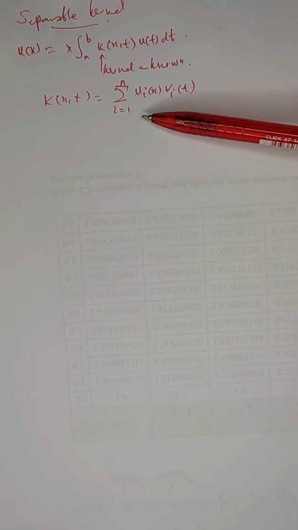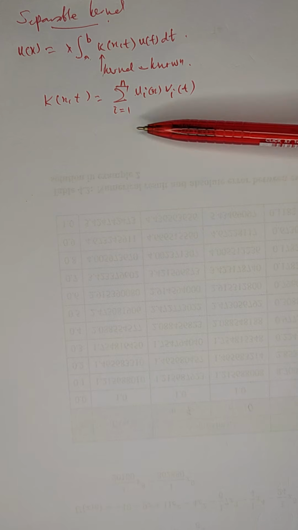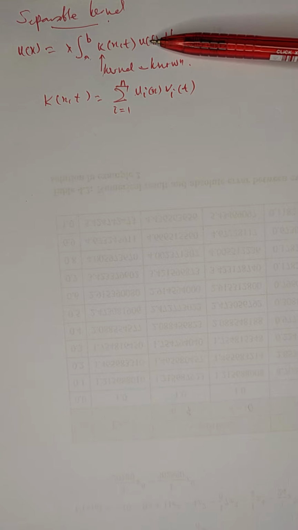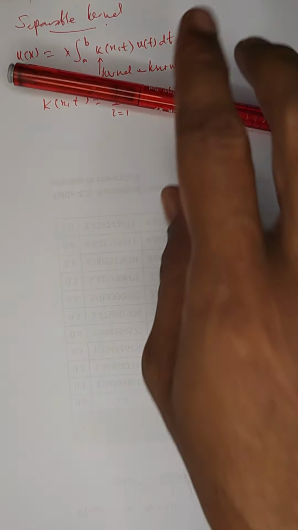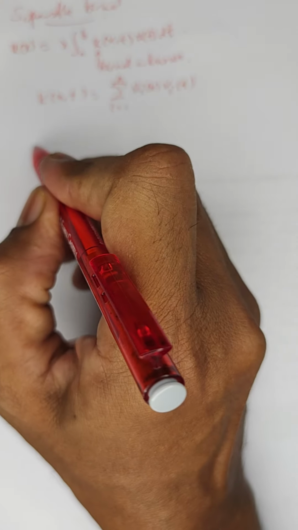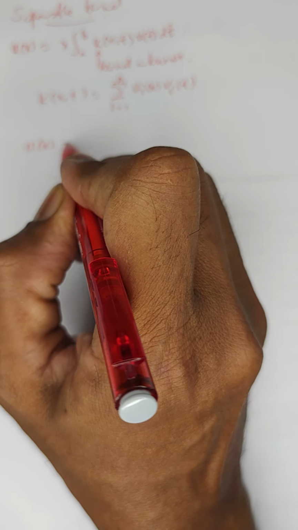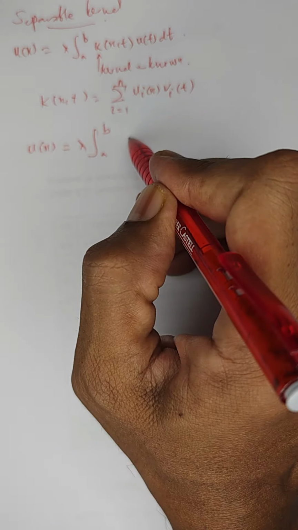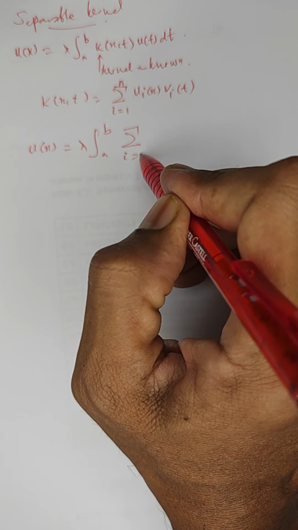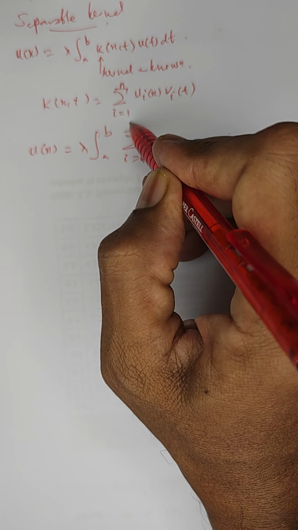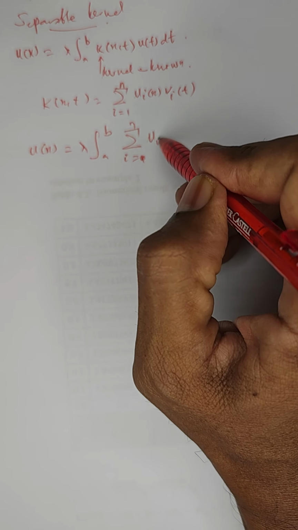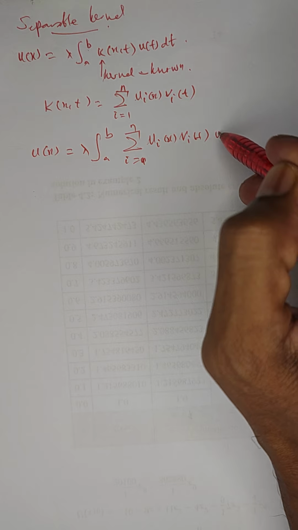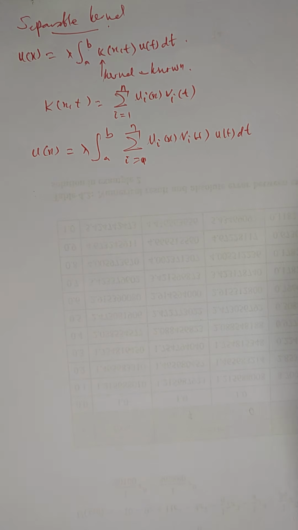If you substitute this separable kernel into the homogeneous Fredholm integral equation, we have u x equal to lambda integral a to b, sum i from 1 to n, u i x v i t u t dt.